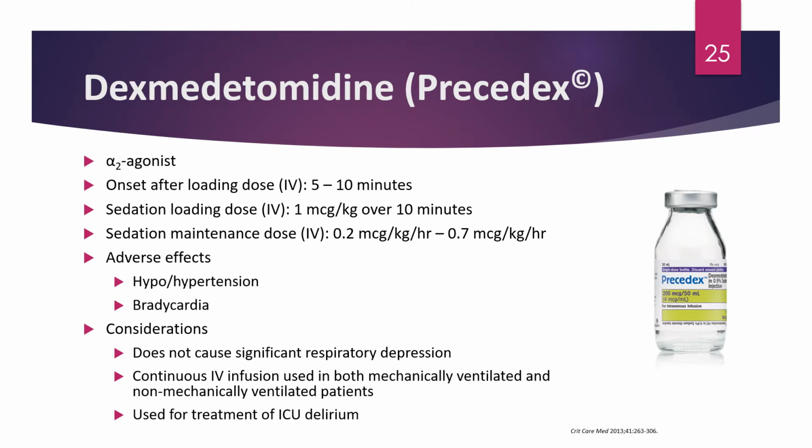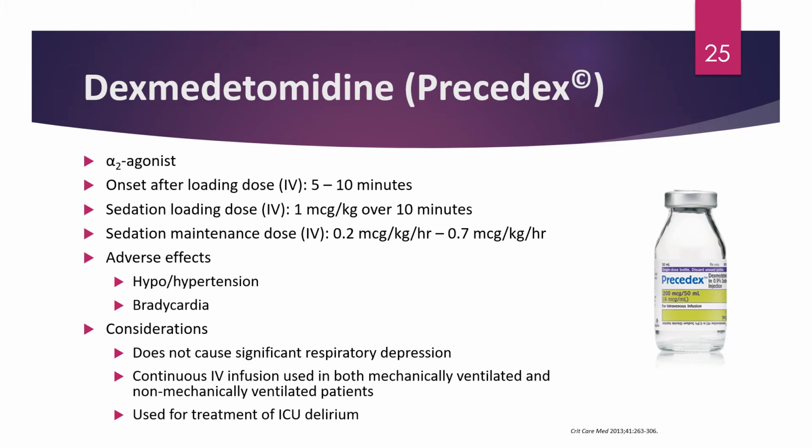Some adverse effects that can happen from dexmedetomidine administration are hypotension and hypertension. The hypertension typically happens after giving a bolus dose. What will happen typically is that, obviously, because this is an alpha-2 agonist, it will cause hypotension.